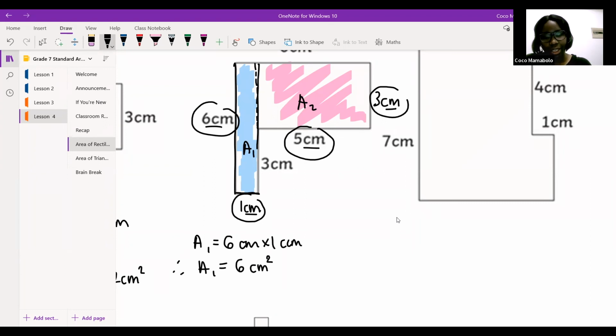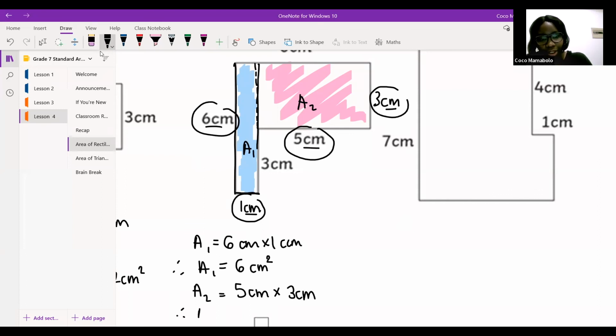Good. Squared. Excellent. And then A2, if you calculate for area 2, what am I going to write? I'm going to write 5 centimeters plus. Ma'am, isn't it times? Oh, not plus. Times. Oh, times. 5 centimeters times? 3 centimeters. Excellent.